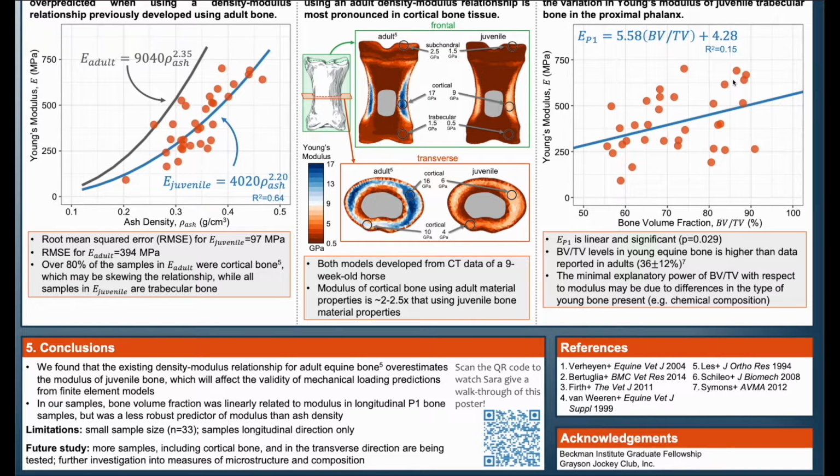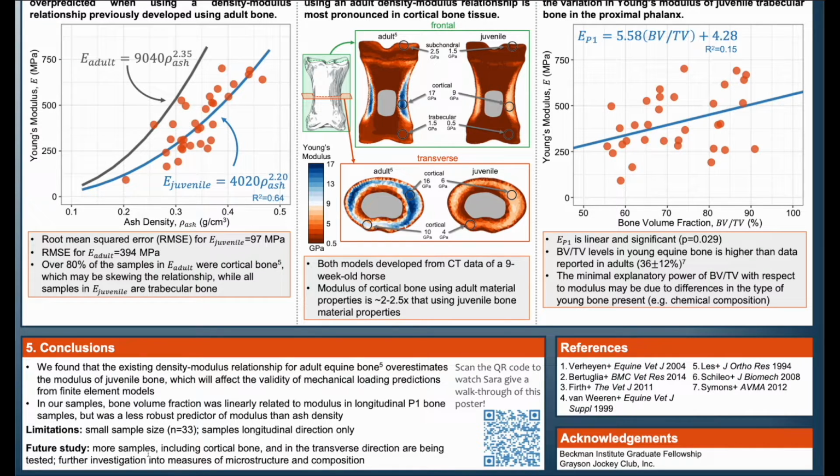Regarding bone volume fraction, we saw that there's a linear relationship between bone volume fraction and modulus, but overall, density is a much stronger predictor, with the higher R squared value, than bone volume fraction is. And I'll remind you that this is ash density calculated from CT density from a clinical CT scan, whereas this data here in bone volume fraction comes from micro CT data.